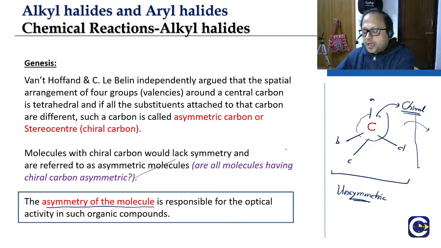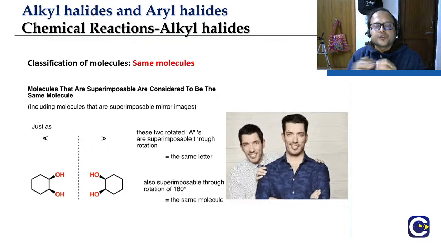Acha. To understand it a little more, I told you there are certain molecules whose mirror images are exactly similar. There are certain rules to decide about it. One is that all four groups on a tetrahedral carbon should be different, not even a single matching.